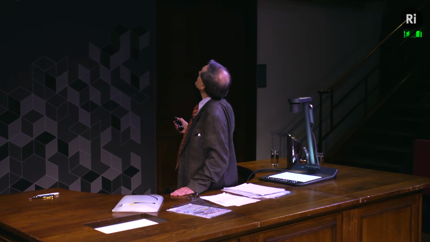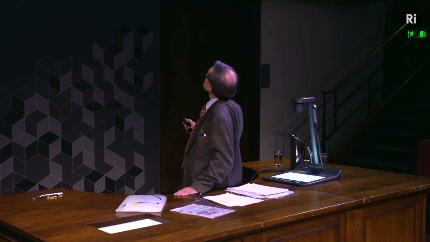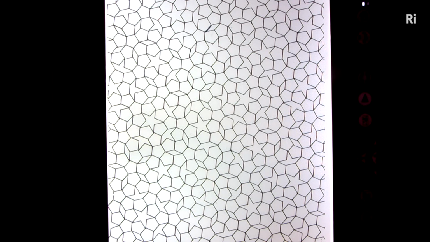Okay. Straightforward. Okay, well, what about this pattern? Well, it has a lot of regularity to it, and it has a sort of fivefoldness to it also. In fact, you can see various regions which have fivefold symmetry up to a point, and which have translational symmetry up to a point.